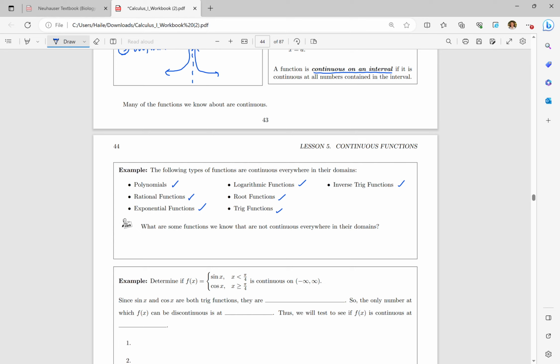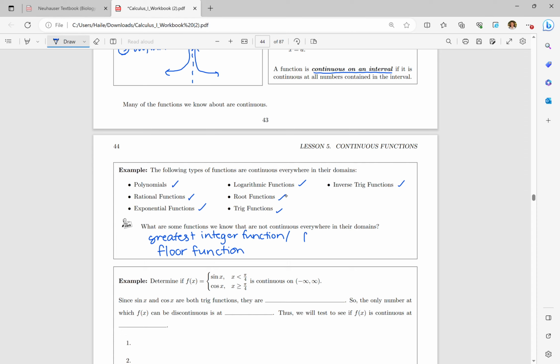So let's quickly think about a function that isn't continuous in its domain. The one that comes to mind first for me is the greatest integer function, or the floor function. These are two names for the same function, so you may see it called either.